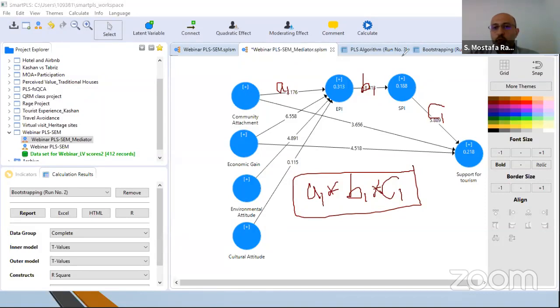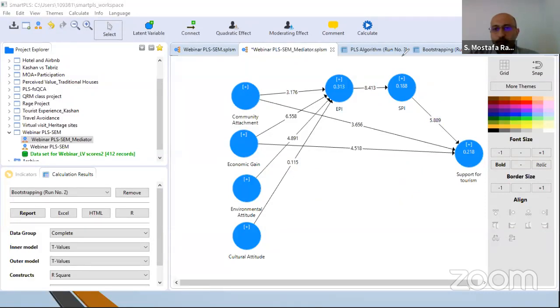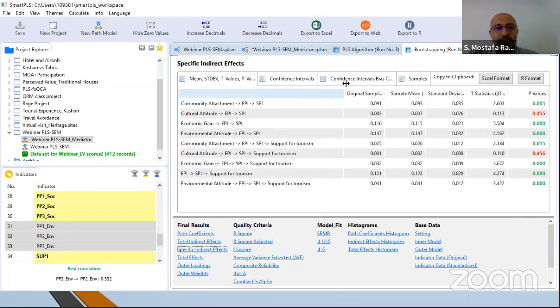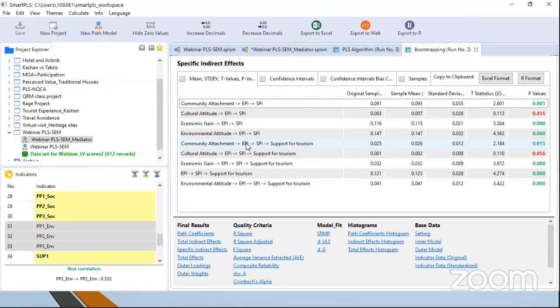If you go to the result of bootstrapping, and again go to specific indirect effects, here you can see this indirect effect with 3 paths, not 2 paths like before. Community attachment to first mediator, EPI, and EPI to SPI, and SPI to support.